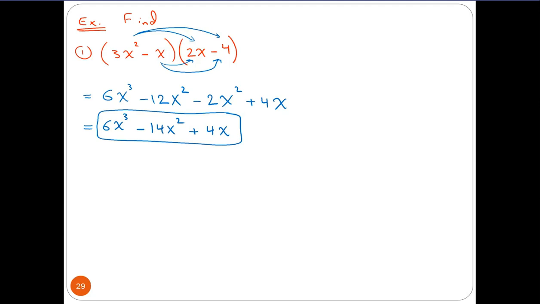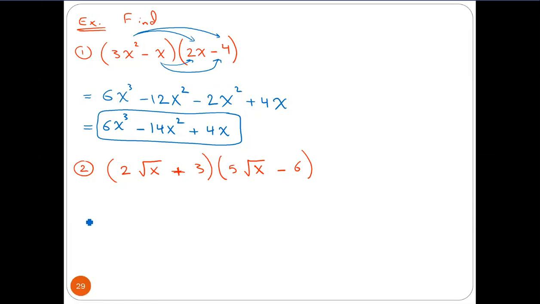Okay, if we have radicals, for example, number 2, like this: 2 radical x plus 3 and 5 radical x minus 6, like this.